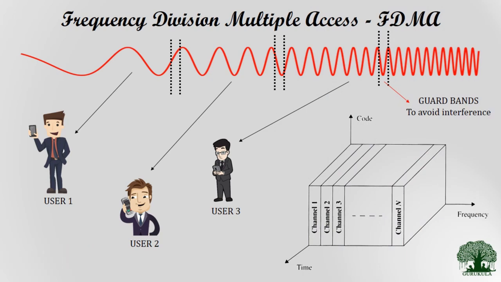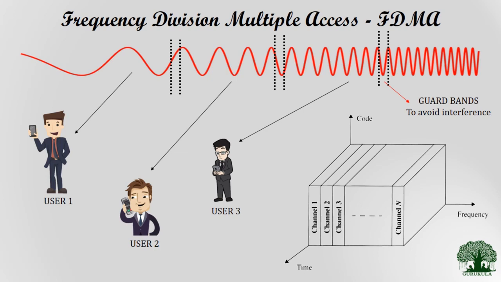As far as frequency division multiple access is concerned, every user will be differentiated with respect to a particular frequency range. As depicted in the figure, each and every user will be allotted a different frequency band, and each frequency band will have a gap, which we call guard bands, and these guard bands are introduced to avoid any interference between the users.